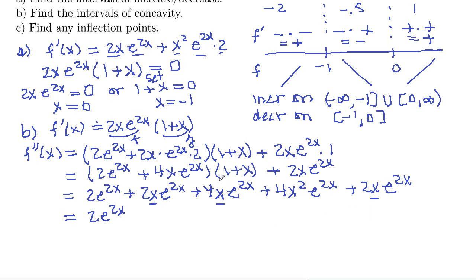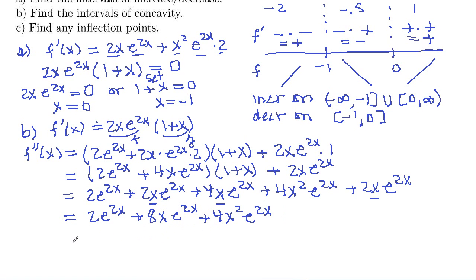So 2x and 4x is 6x, and another 2x is 8x. So plus 8x e to the 2x. And then the last one is that 4x squared, plus 4x squared e to the 2x. And then we want to set this equal to 0 and solve.